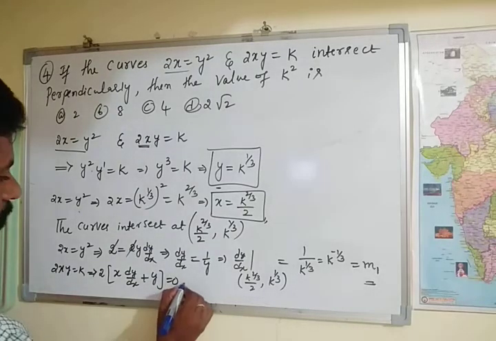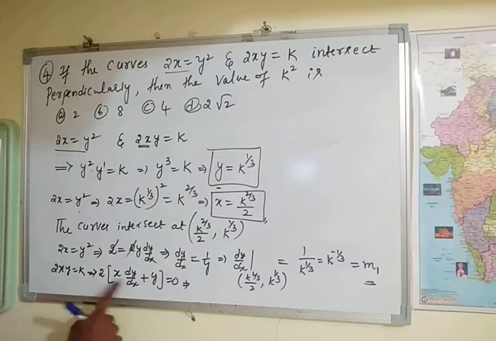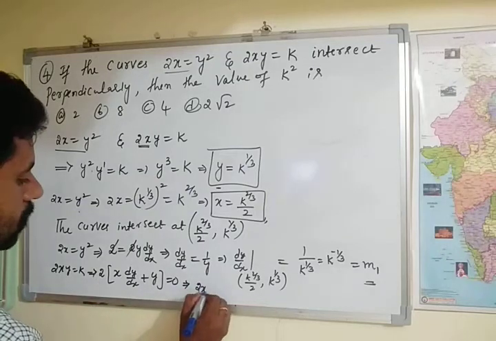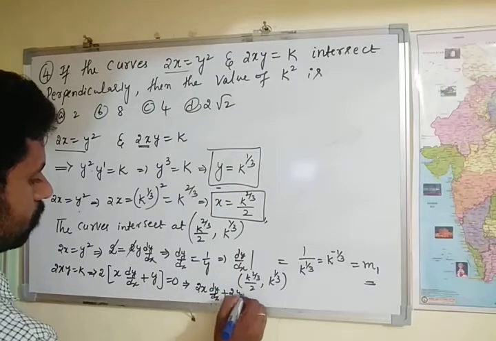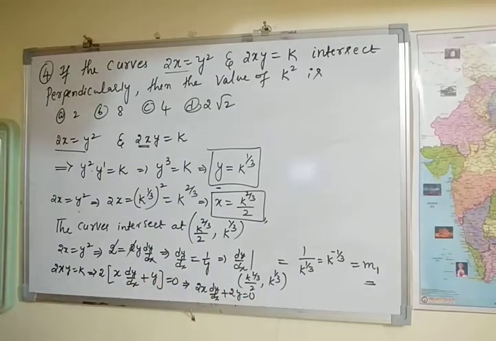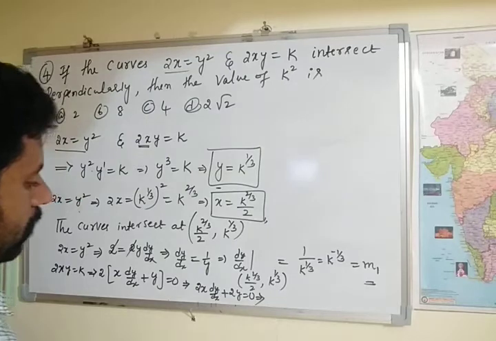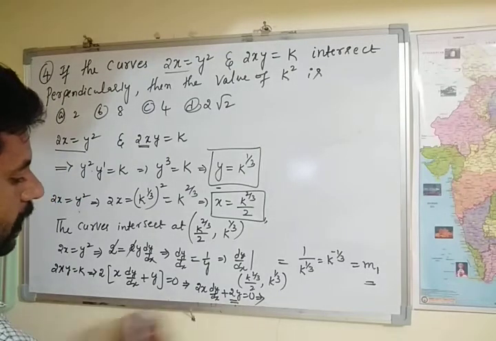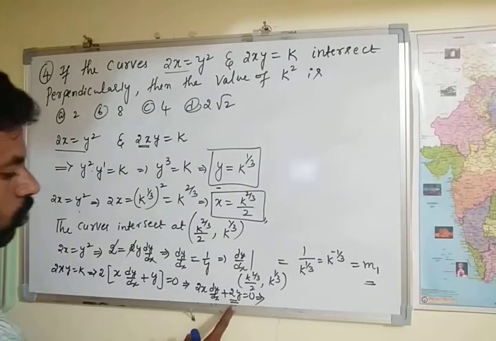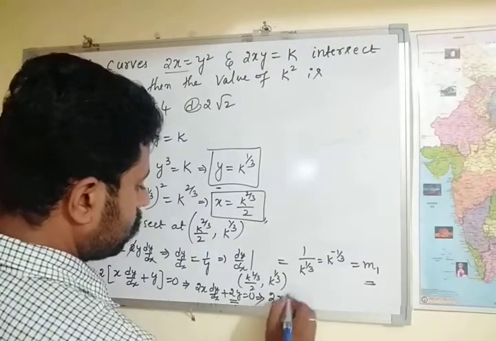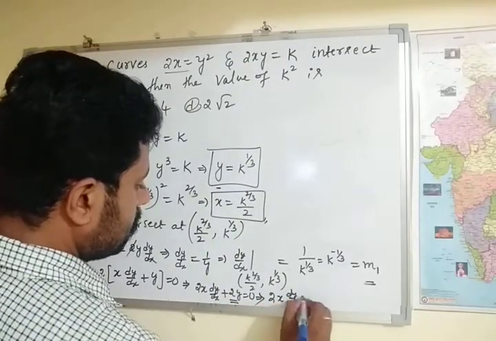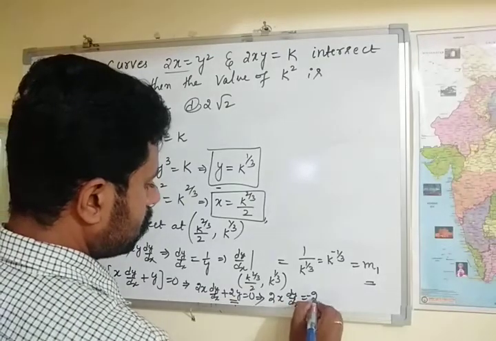Next step, this implies, multiplied by 2 into this term, 2x into dy by dx plus 2y is equals to 0. Next, this implies, now here we have the second term 2y. This 2y term takes to the right hand side, 2x into dy by dx is equals to minus 2y.